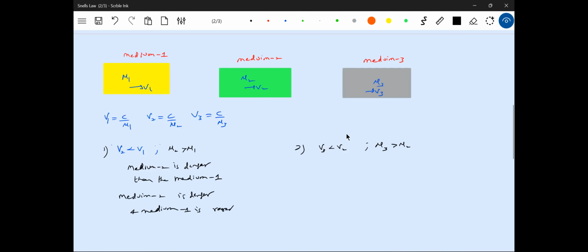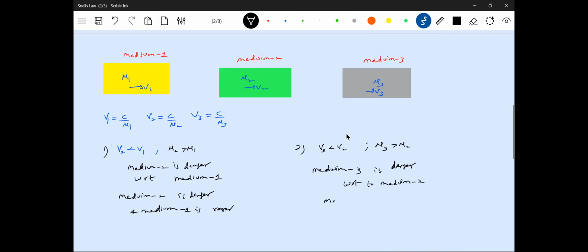Here, if v3 is less than v2, then mu3 is greater than mu2, and the speed of light in medium 3 is less compared to medium 2. Then what conclusion can we make? Medium 3 is denser than medium 1, and denser with respect to medium 2.